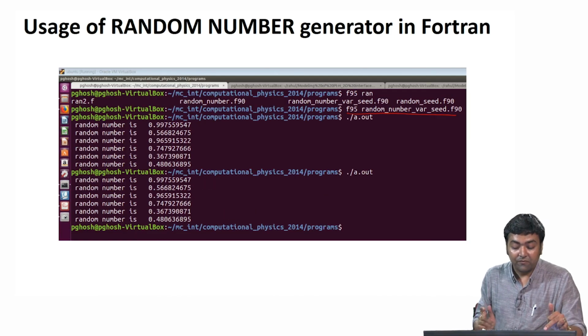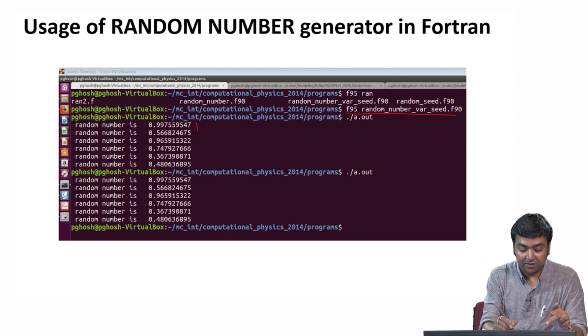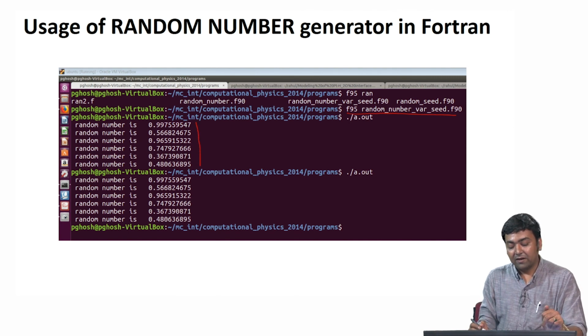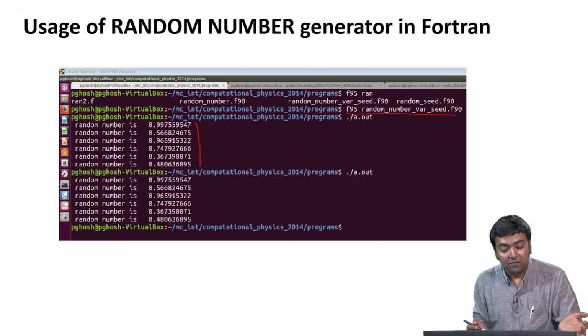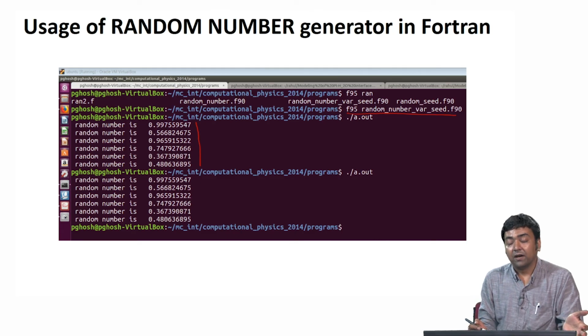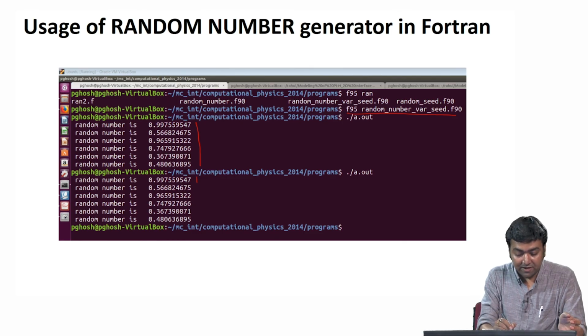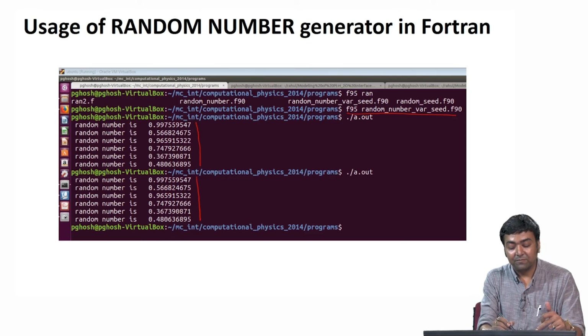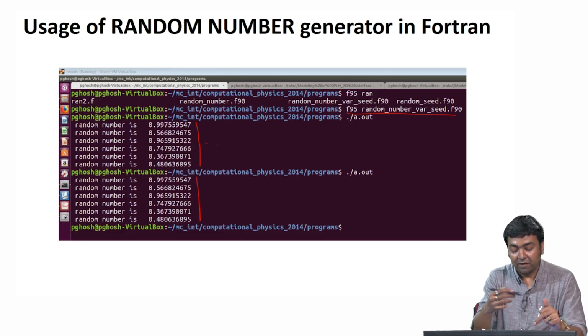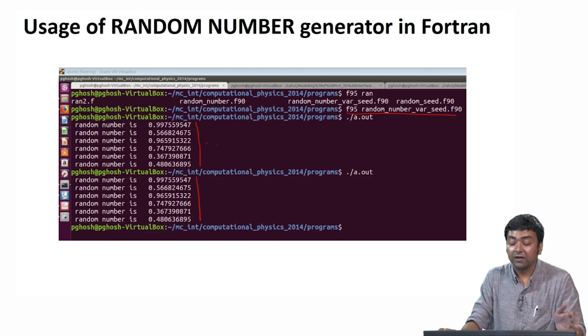The first time I run, I get this set of 6 random numbers, and if I run it again, one might have thought I could get a different set, but I get the same 6 random numbers again. If I run it 100 times, I will get the same 6 random numbers I got in my first run.